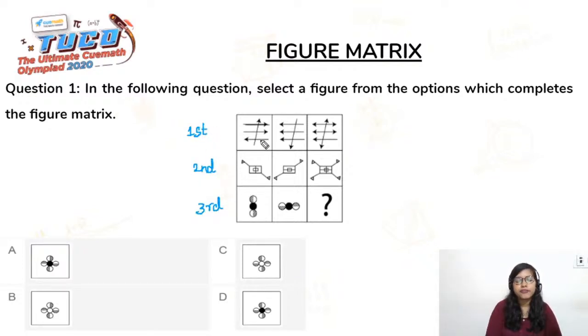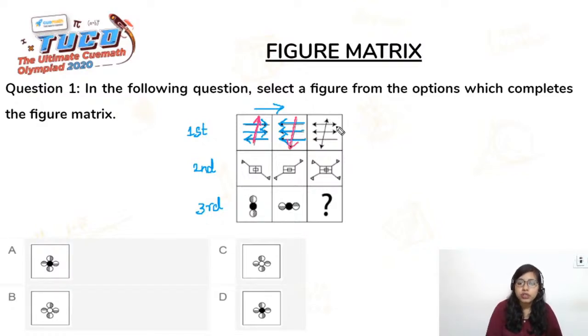In the first row, you have an arrow with this, and you also have another arrow, and you have the third arrow facing in this direction. And in the second one, you all can see that you have all the 3 arrows facing towards the left hand side, right? And you also have a vertical arrow which is facing on top, and you have another vertical arrow which is facing downwards.